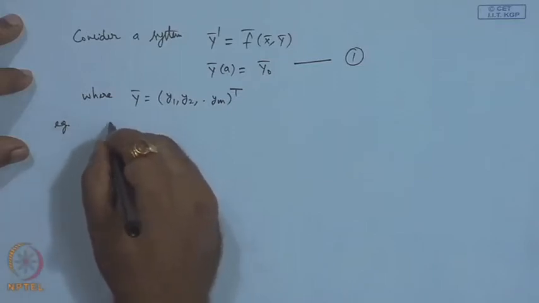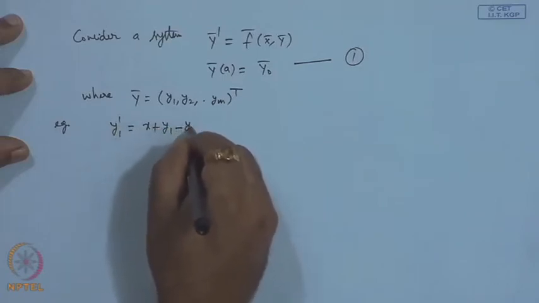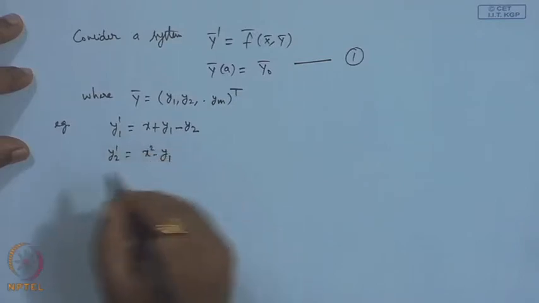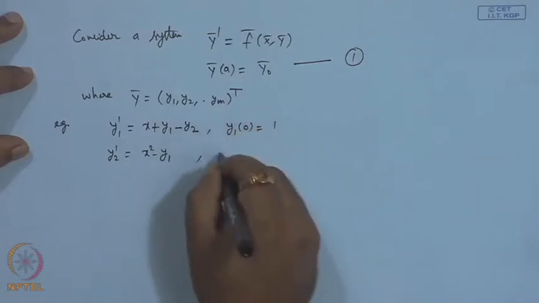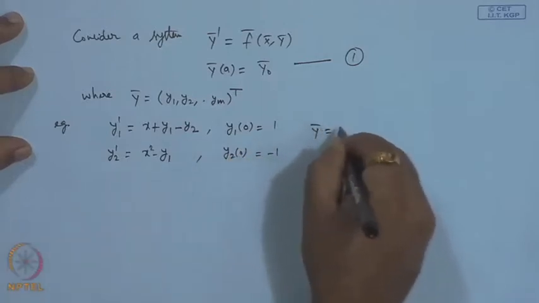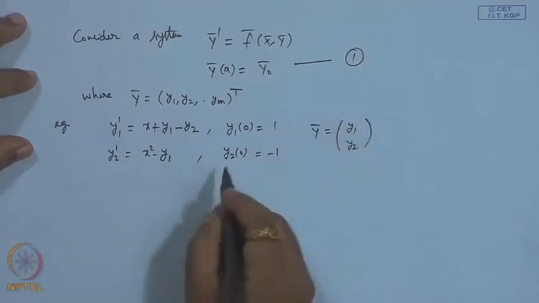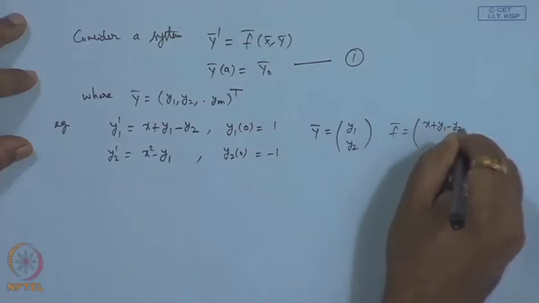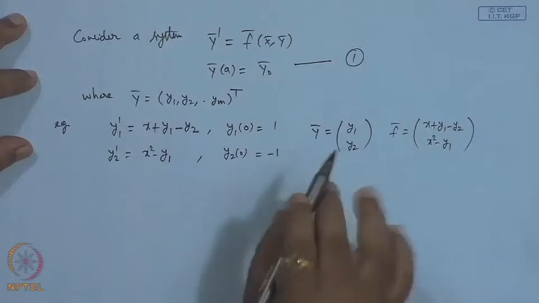So, example. So, here our y was, okay, and okay. This is an example.